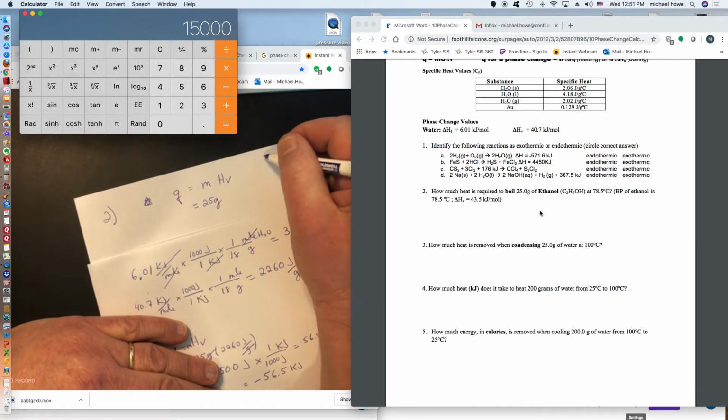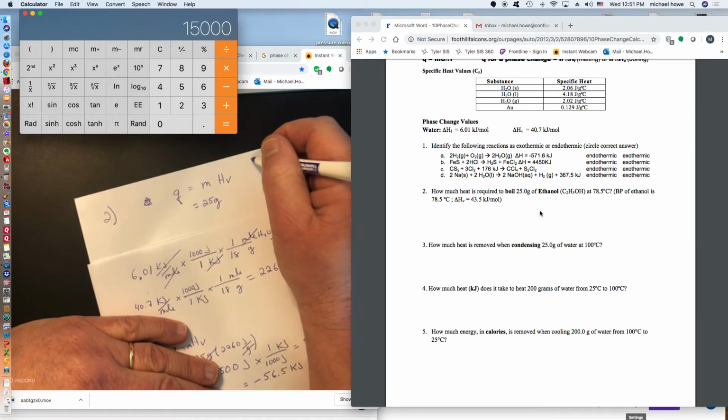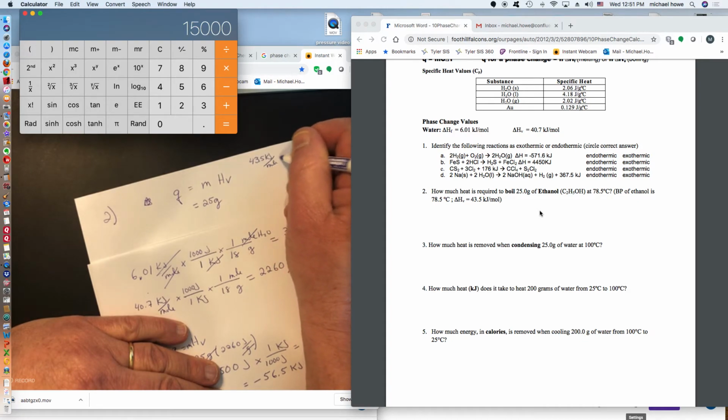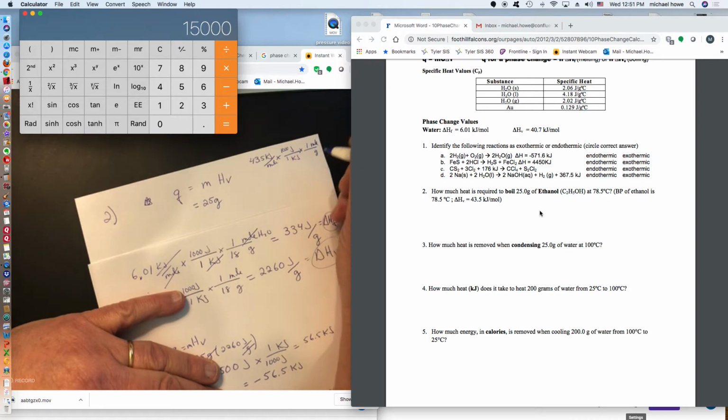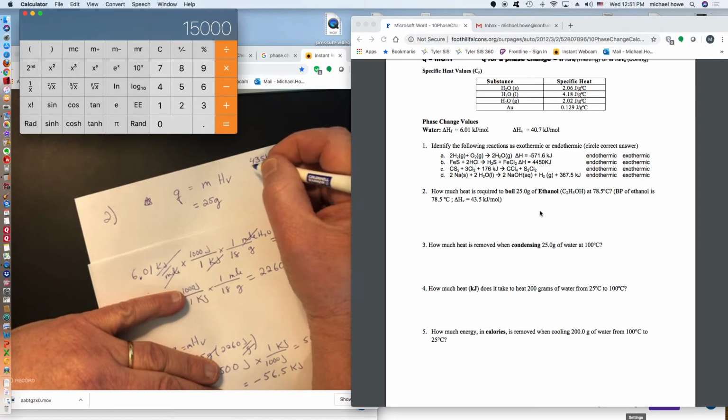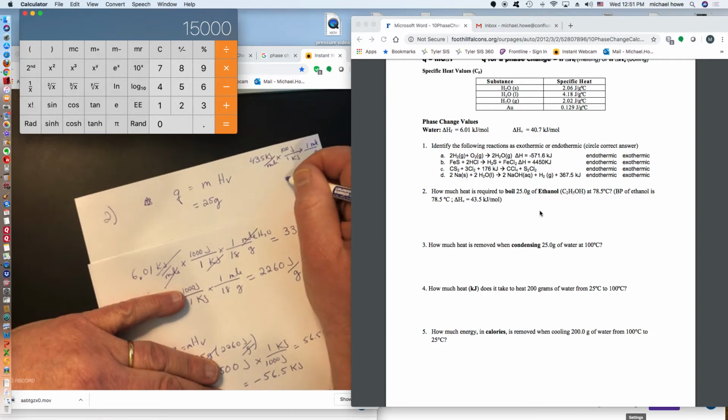So we'll take our 43.5 kilojoules per mole. We're going to put kilojoules here and joules there, so 1,000 joules is 1 kilojoule, just like we have done previously. This time, though, we need to cancel moles again, and grams, and 1 mole. But this is ethanol, which has the chemical formula C2H5OH. Carbon has a weight of 12, and 12 times 2 is 24. Hydrogen has a weight of 1, and 1 times 5 is 5.